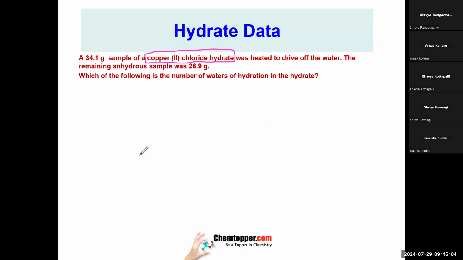What's the formula of the hydrate, Bhavya? Copper 2 chloride. Copper 2 means copper has 2 plus charge. Transition metals, their oxidation numbers, their charges are indicated by Roman numerals. Unit 0, children. Shreya H, Shreya R, what's the formula?